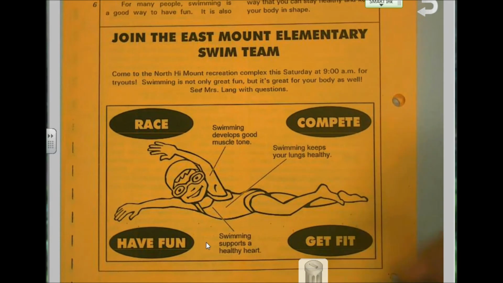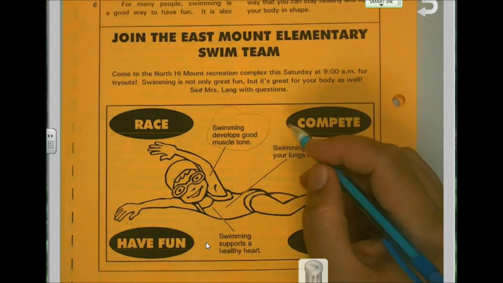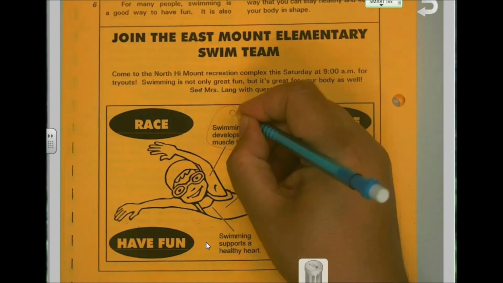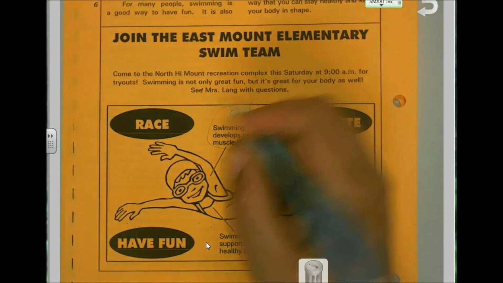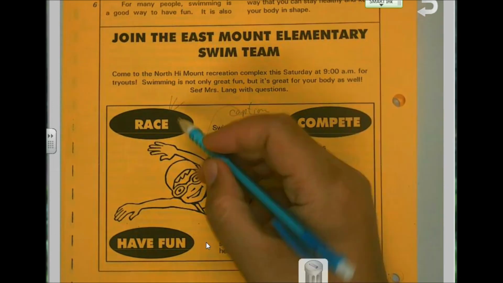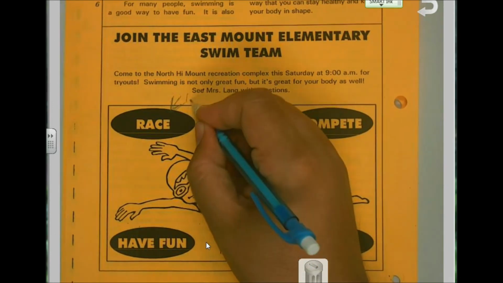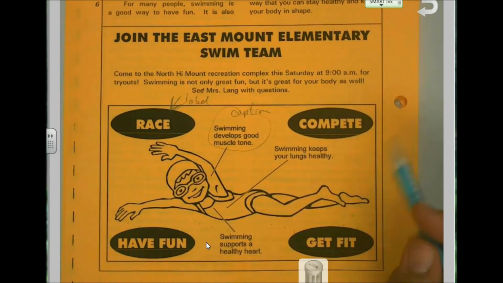So what are they trying to say with this? It's good for your body. So what do we call this? A caption. What do we call this? Label. And what do we call this?